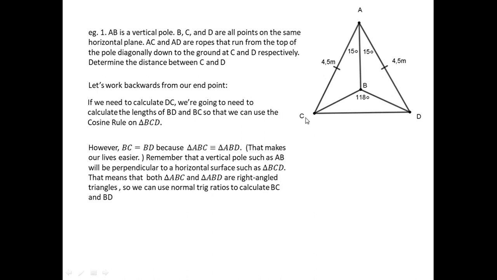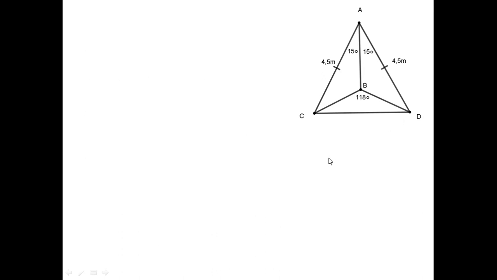Thankfully, however, BC and BD are going to be the same length because in this particular scenario, triangle ABC is congruent to triangle ABD. So once we've worked out BC and we've worked out BD, then we can use the cosine rule to work out CD. So let's see what that looks like in practice.